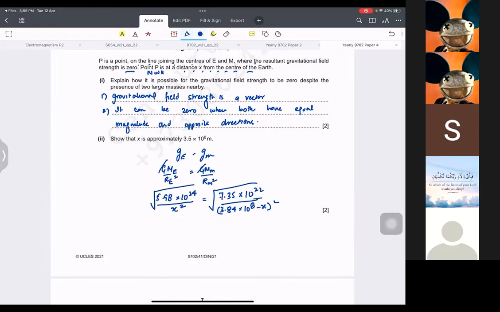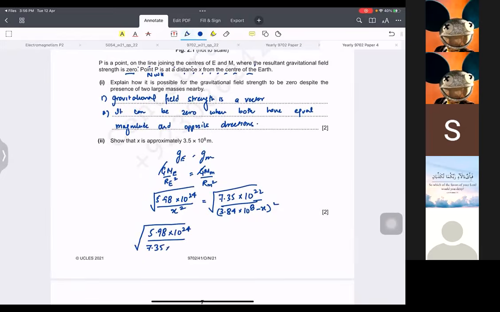Okay. Now we take the under root. Under root basically helps us figure out a lot of things actually. So what I'm going to do is, I'm going to write it like this. 5.98 times 10 raised to 24 divided by 7.35 times 10 raised to 22, and x over 3.84 times 10 raised to 8 minus x is going to be free from that, right?